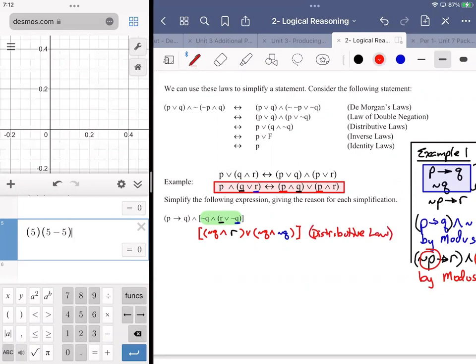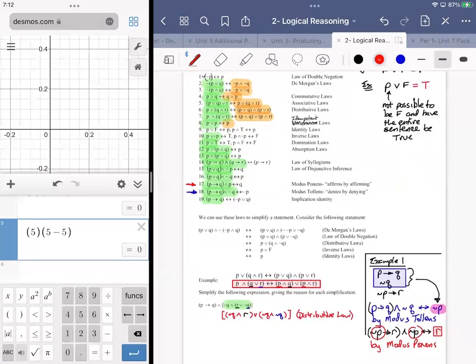Now not Q and not Q, that's the same thing. If you go back to our laws, everything's accounted for in here. It's just a question of what's obvious. Sometimes you have something that may seem obvious at first, but then it really isn't. Anyway, we can look at this and say not Q and not Q. Anything and itself is going to be itself.